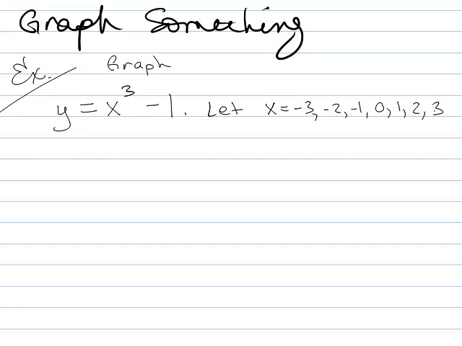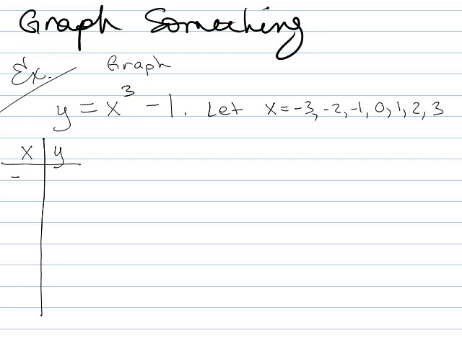So essentially what it wants you to do is create an XY table. And when you first learned how to plot things, this is probably how you did it. You got an XY chart and you plotted things by finding what the X values were and what the Y values were. Now it gives you the X's to get started.